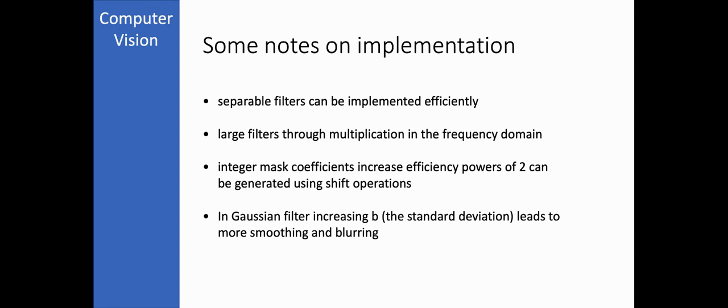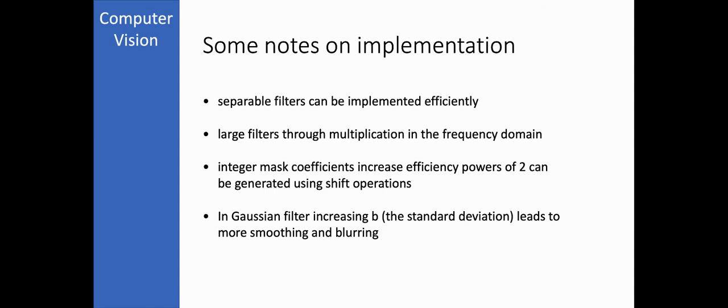Filters that use integers for coefficients can increase the efficiency. First, manipulations over integers are much easier, and furthermore, you can create operations of powers of 2 using shift operations if you can devise such a filter. And for the Gaussian filter, as I said, there's a component B, the standard deviation. Higher B leads to more smoothing and blurring, and lower B, lower standard deviation, means smaller amounts of blurring.